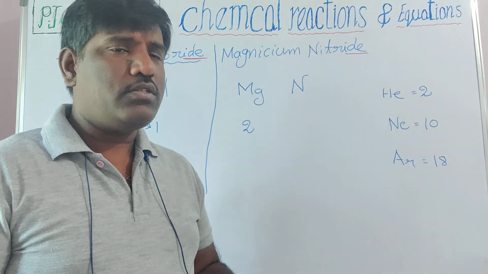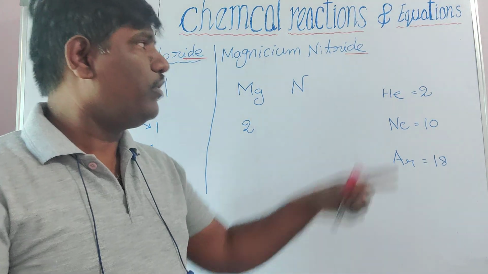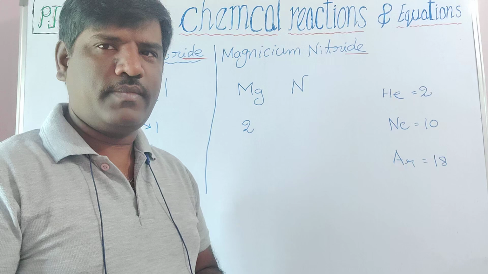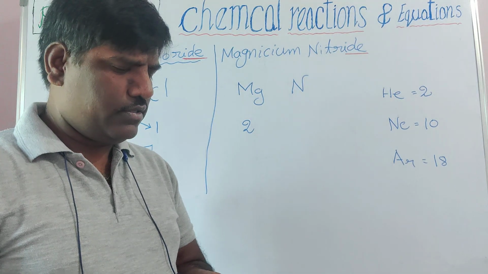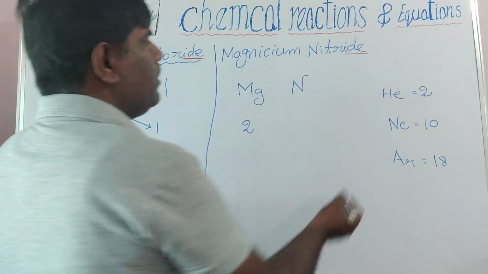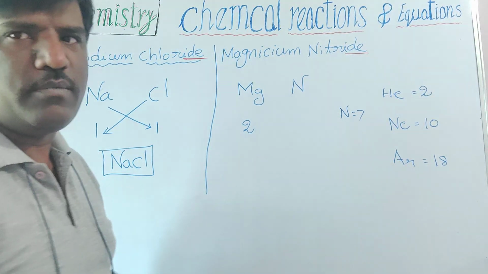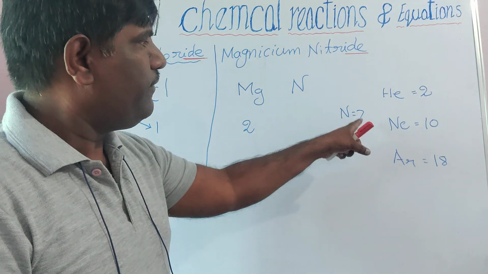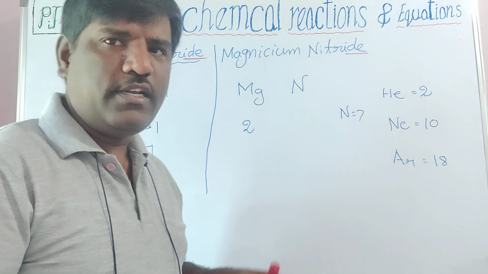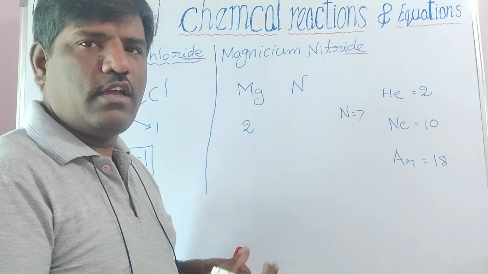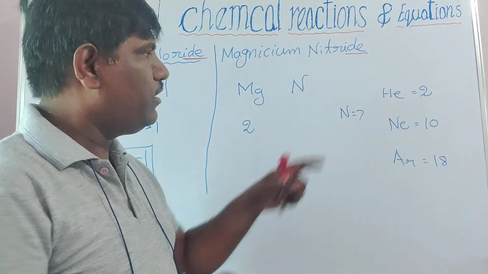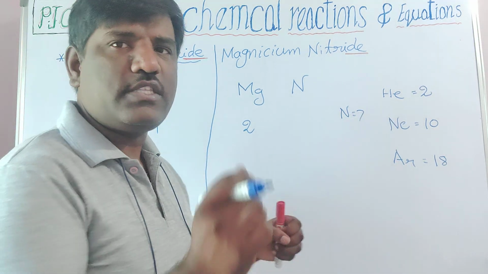Sir, how are you considering neon only? Why can't we go for helium? You may think like that also. Nitrogen atomic number 7. If I consider neon near, how much difference? 7 to 10 means 3 difference.